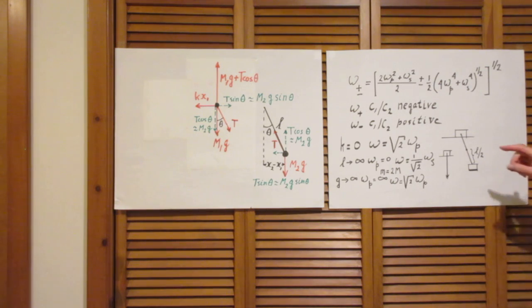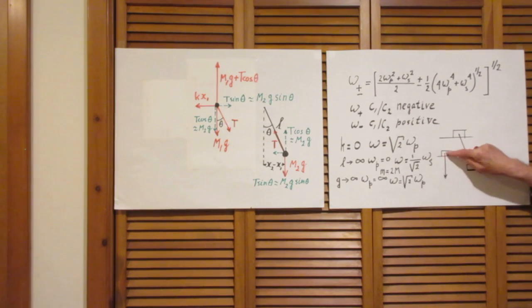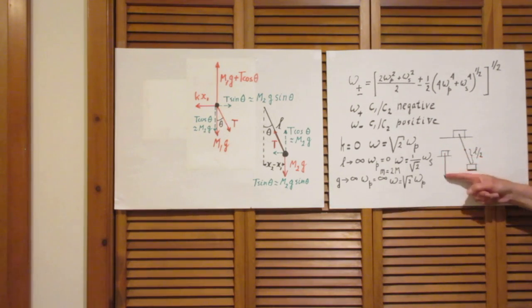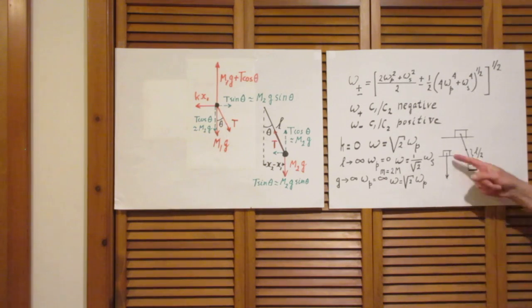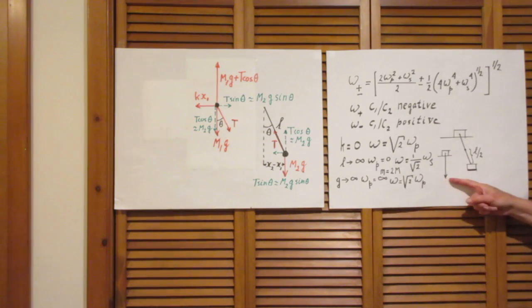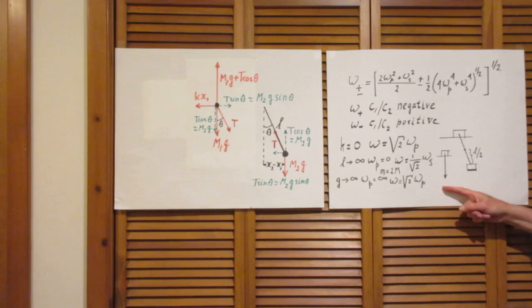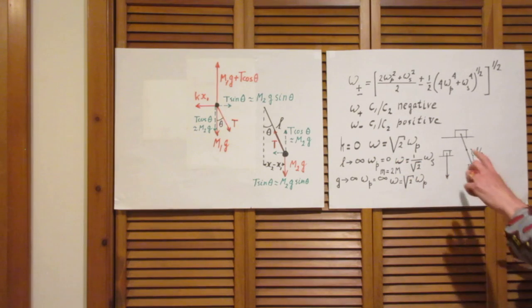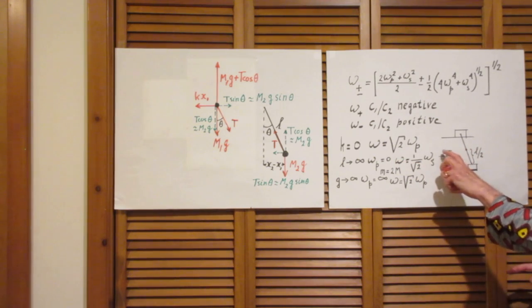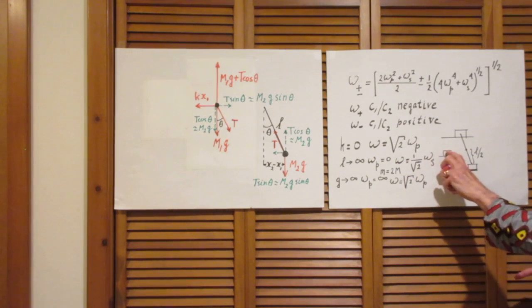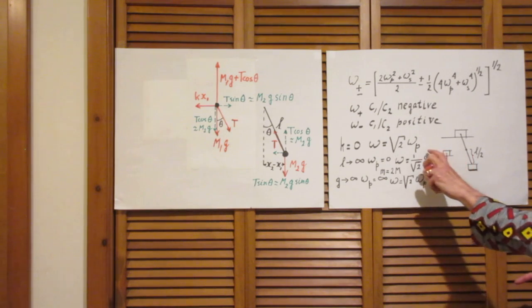Because here is the object which is attached to the spring, and all the way down, infinitely far away, is an object with the same mass. And that object with the same mass is not oscillating. Omega p is 0. So when the spring is going to act on these two, the spring is driving two masses.